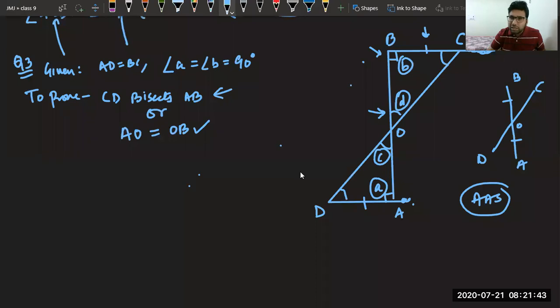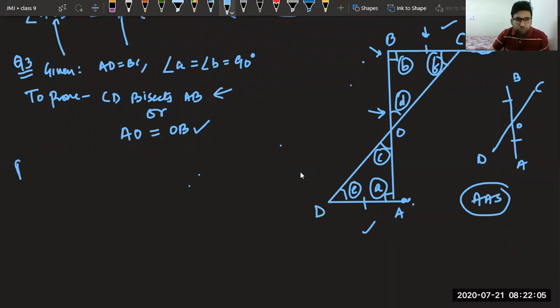Suppose I take it as E and F. Can't we say by ASA that the two are equal? And the second thing, as Parkhi said, is one more way with alternate interior angles. But for that, you first have to prove BC is parallel to AD. So all of you are free.